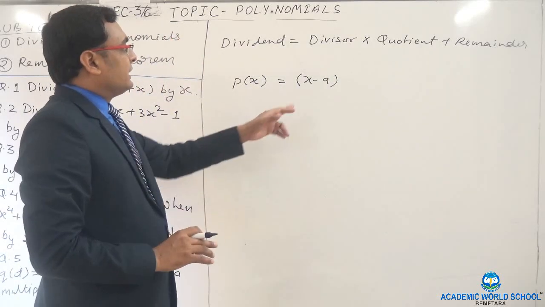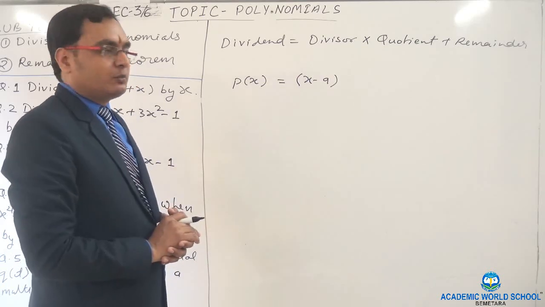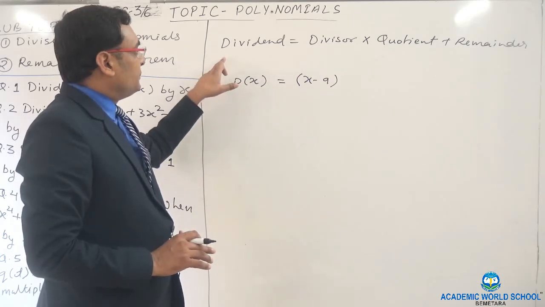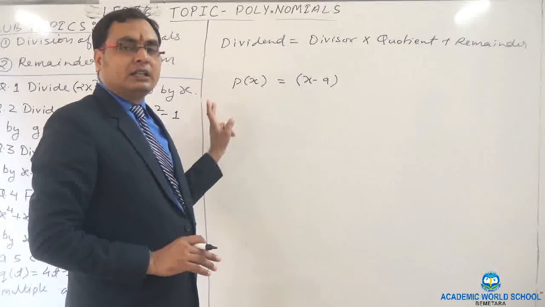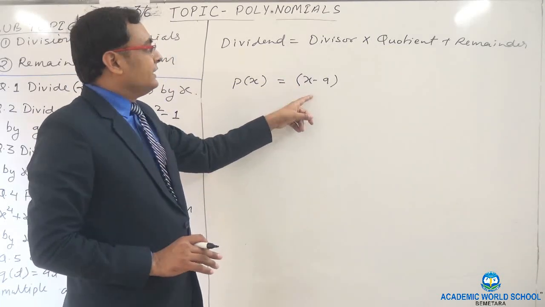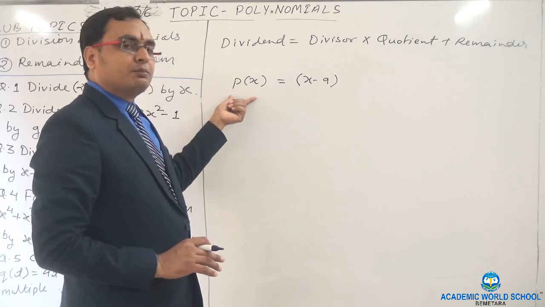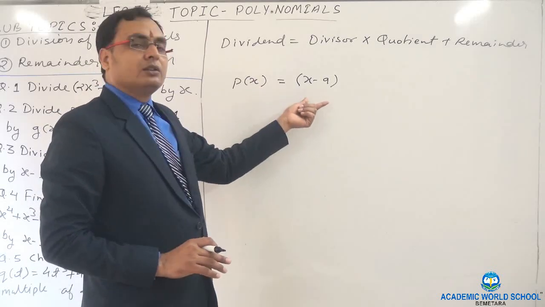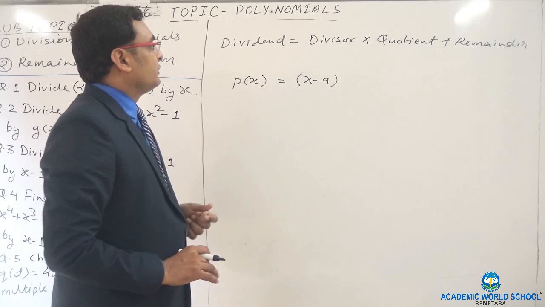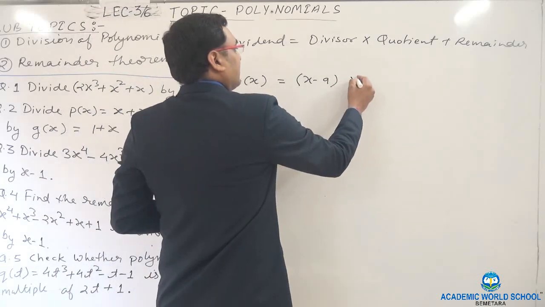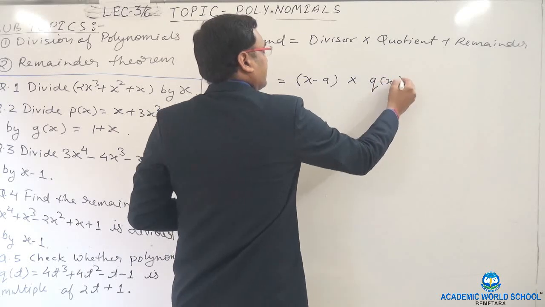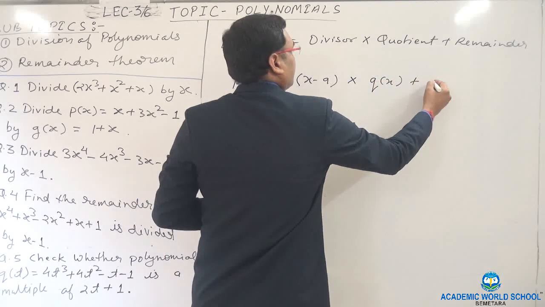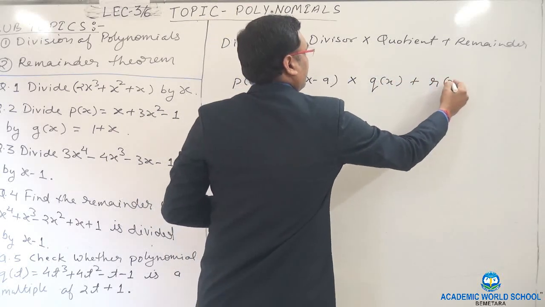We have selected this as a linear polynomial because the degree of dividend should be equal to or greater than the divisor. So this is a linear polynomial. The degree of this dividend will always be equal to or greater than this linear polynomial. And we will get some quotient qx plus some remainder rx.